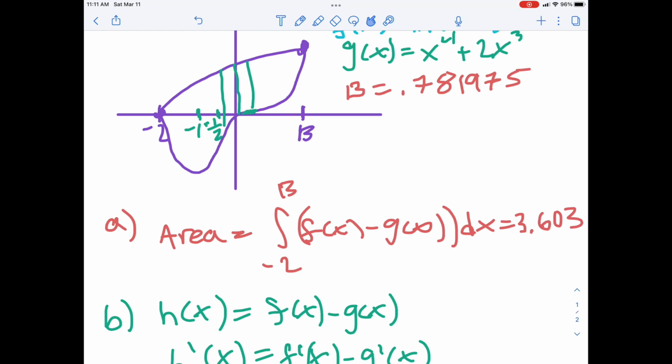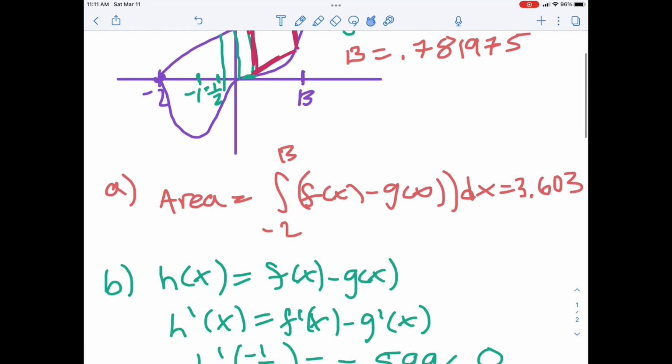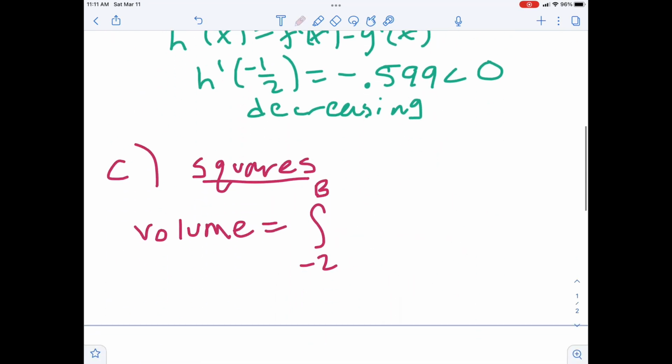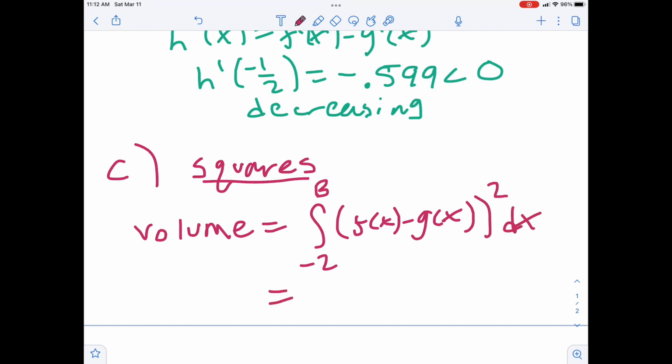If you imagine a square being built up along here, all its side lengths would be the same. So I'm going to say that this is my upper graph, f of x minus lower g of x, squared, across x. And this equals 5.340. That is the volume of this solid.